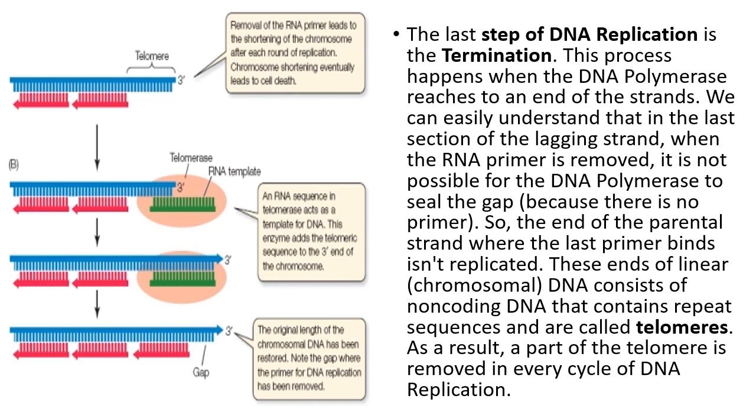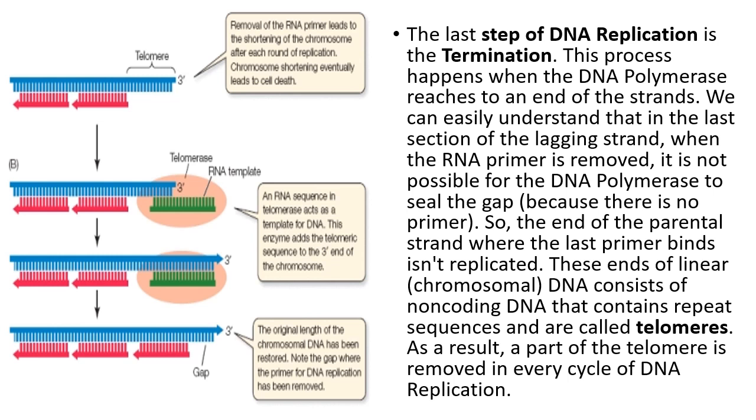We can easily understand that when the RNA primer is removed, it is not possible for DNA polymerase to seal the gap because there is no primer. So the end of the parent strand where the last primer binds is not replicated.